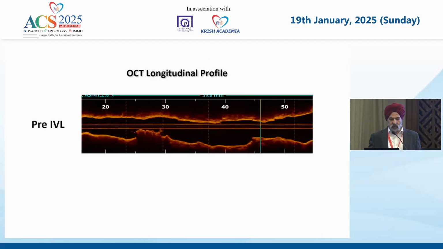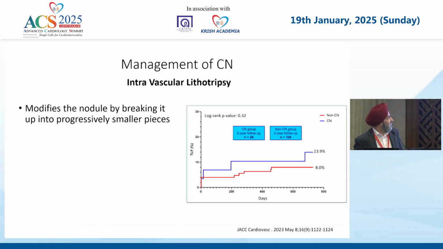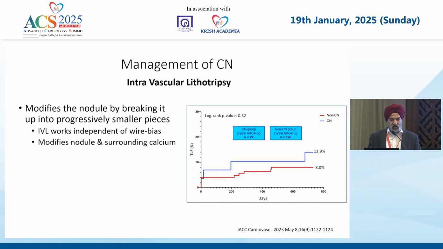Well, longitudinal profile of the OCT, jutting nodule, and the nodule has been flattened post IVL. Now, how does intravascular lithotripsy work in a calcific milieu? Well, the advantages of IVL is that it works independent of wire bias. It modifies the nodule as well as the surrounding calcium, which is very, very important.